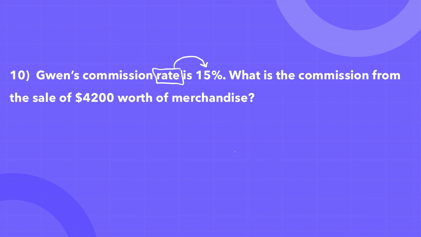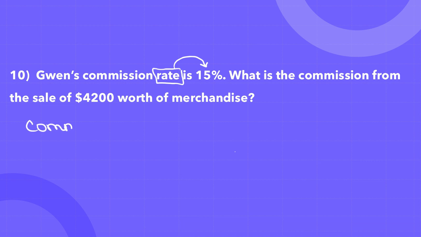$4,200 worth of merchandise. In your notes packet, I think it's on page 4 on the bottom left, it sets up commission for you. And it gives you the proportion.